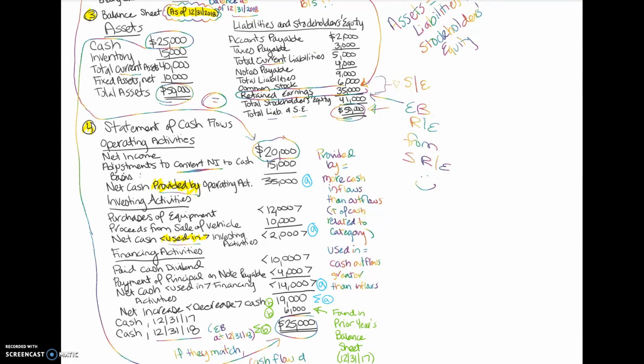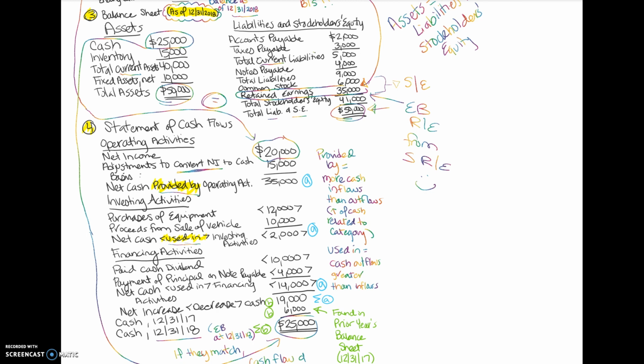So notice here, we have net cash provided by. We use that term provided by to mean that we've received more cash for this category than we've paid out in cash. So we had positive cash flows from operations, from the normal operating activities. For the investing activities, notice we have used in. So they spent more on these investing activities, so purchases of long-term assets, sale of long-term assets, the cash proceeds, that is.